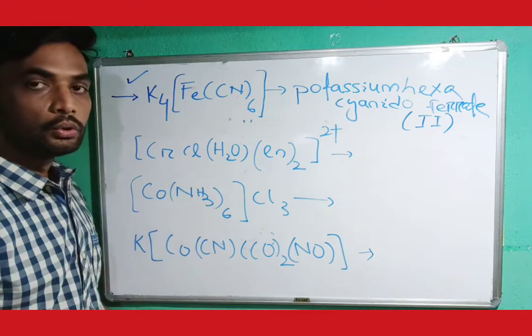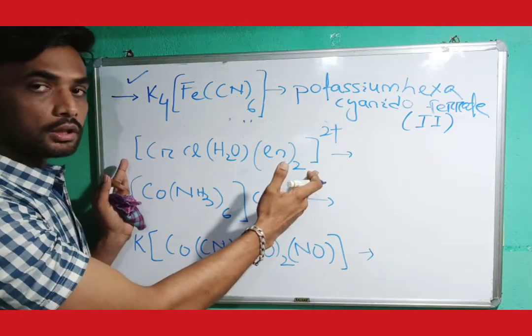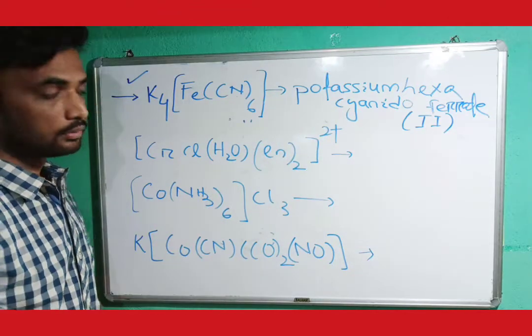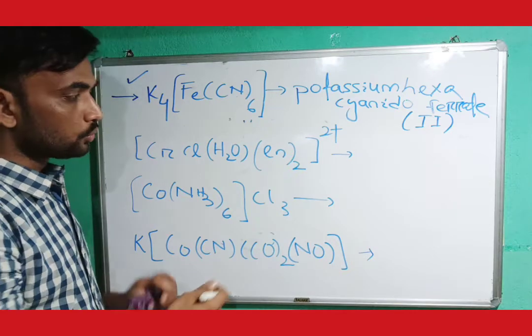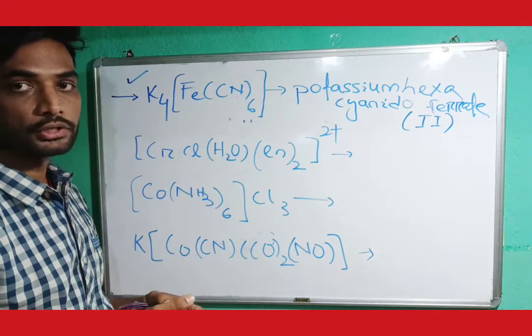Then we go through the second example. This is not a complex compound, this is a complex cation, because it carries a positive charge, that is plus 2. To write the name, first we calculate the oxidation number.